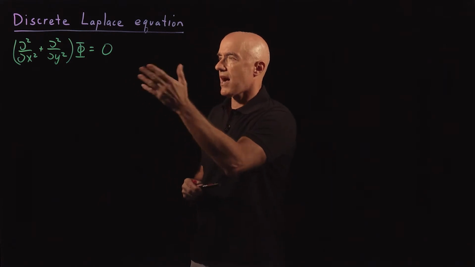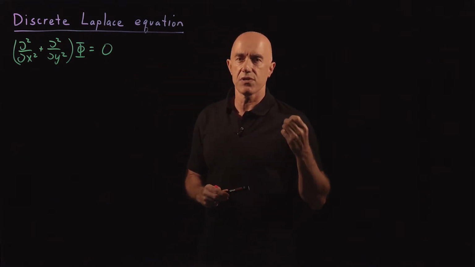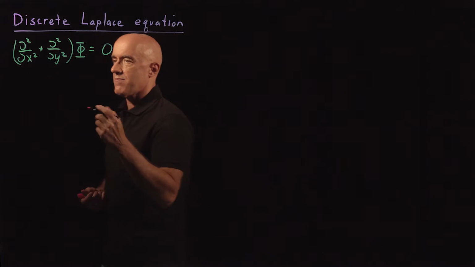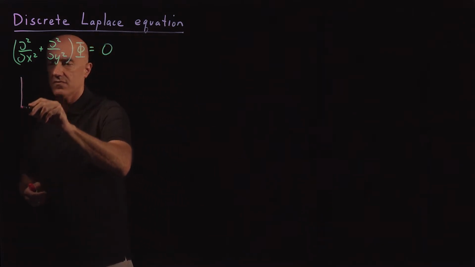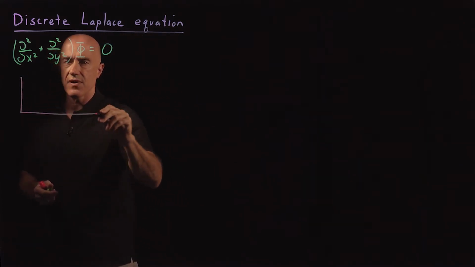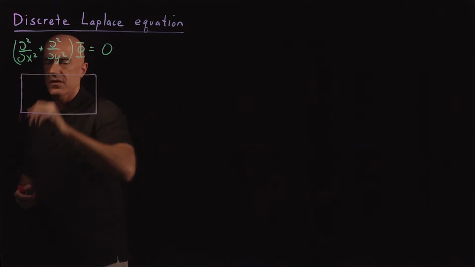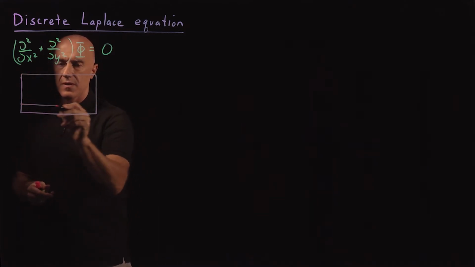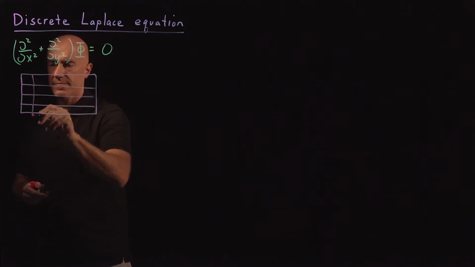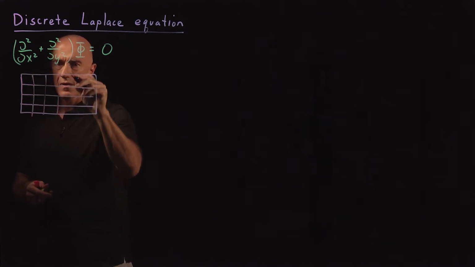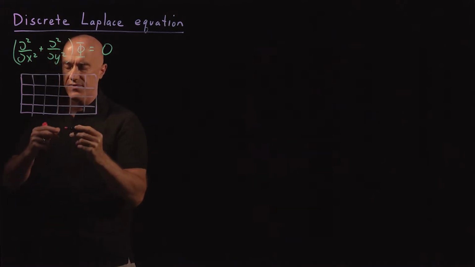So to solve such an equation, first we have to construct a grid. So let me draw some type of rectangular grid, like so. So this will be the domain of solution.